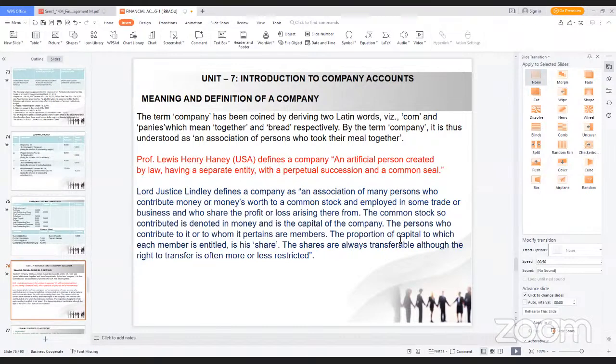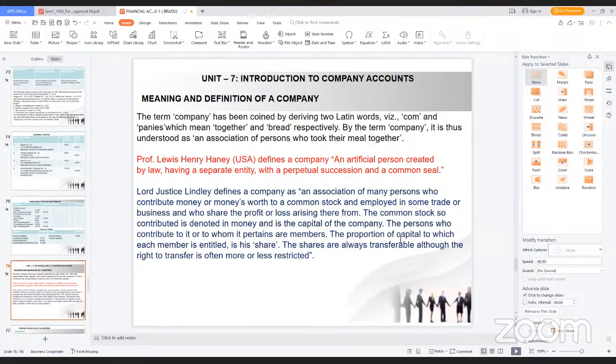The term company is derived from the Latin words com and panis. Com means together. Panis means bread. So it has given the meaning together bread.